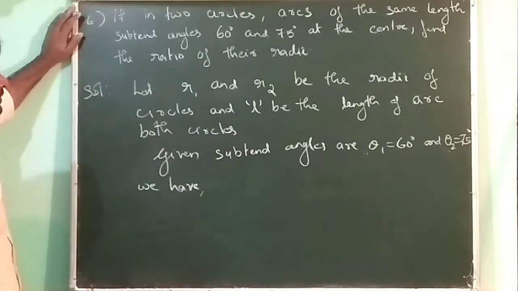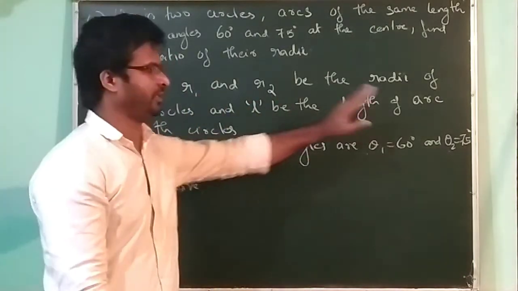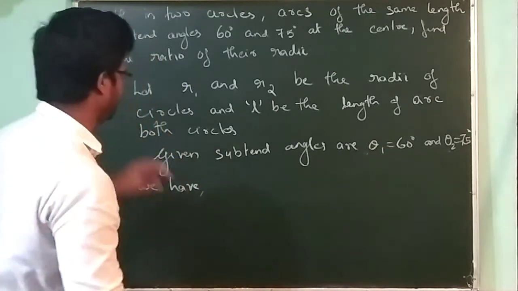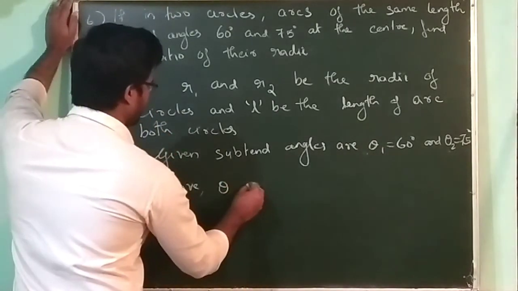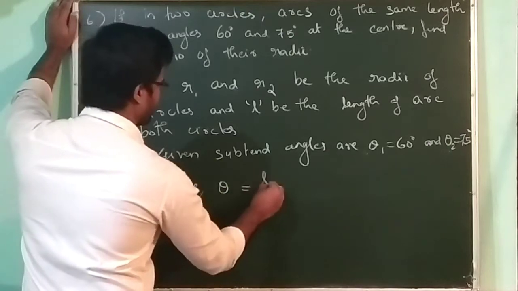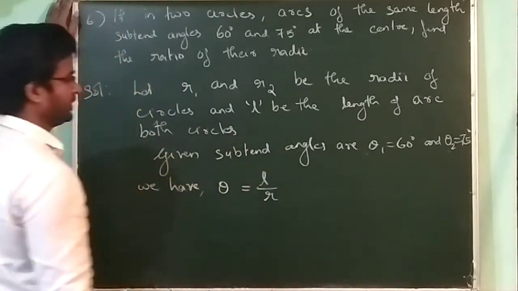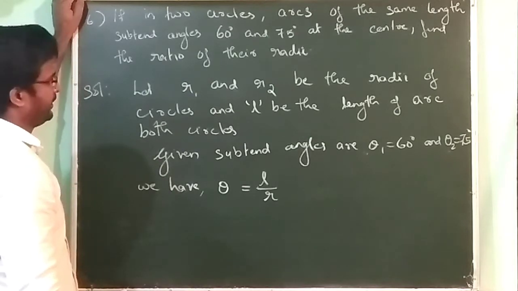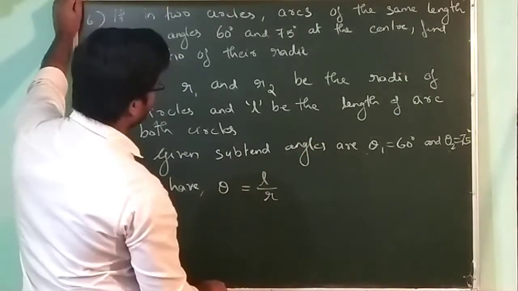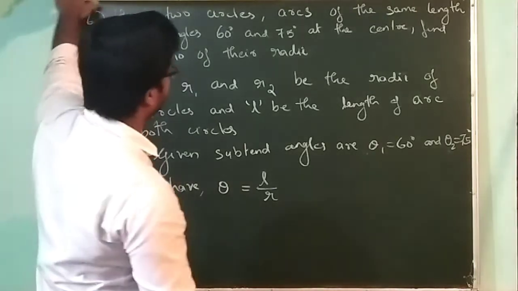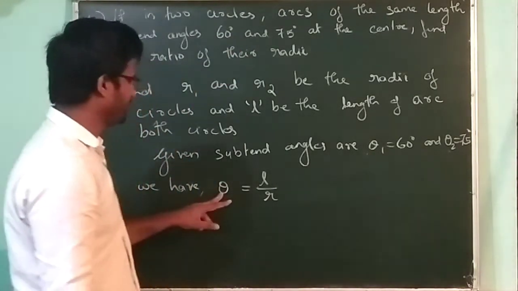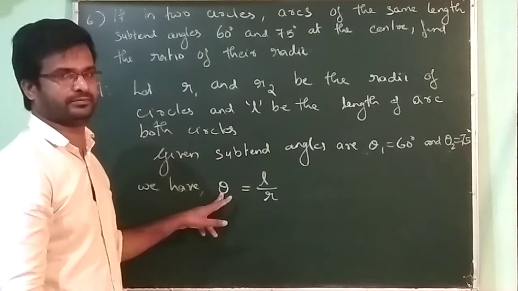We have radius, arc length and angle. Which relation? One relation is there, that is theta equal to L by R, isn't it? Then theta is degree measurement, and this formula is for radian.